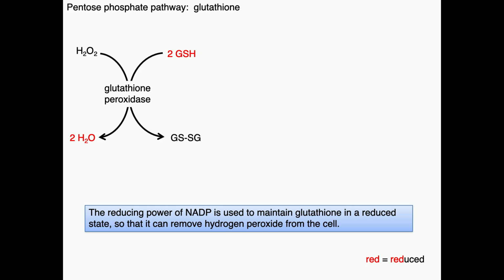So glutathione peroxidase is going to convert the hydrogen peroxide into water. While it's doing that, it's going to be oxidizing the glutathione to the oxidized form. Okay, another enzyme, glutathione reductase, will then regenerate the reduced glutathione.